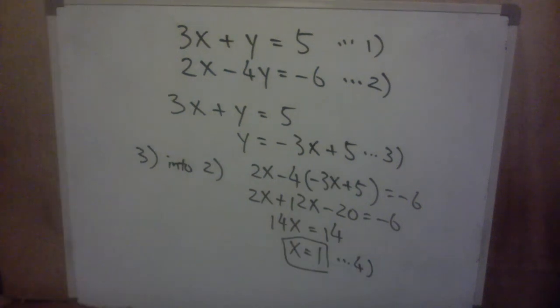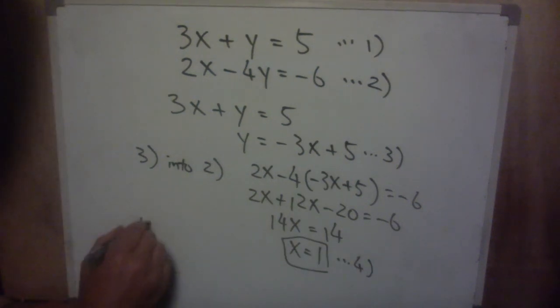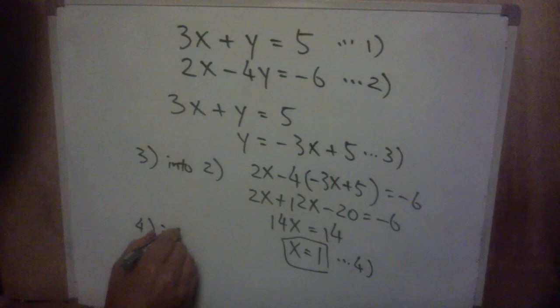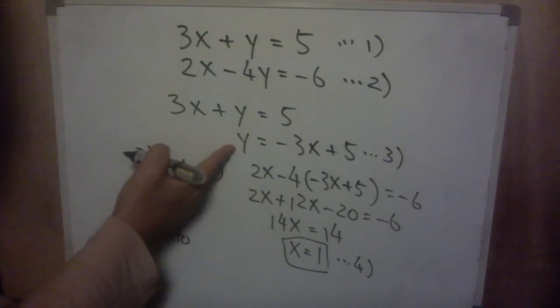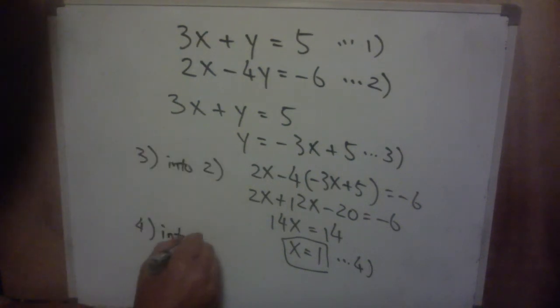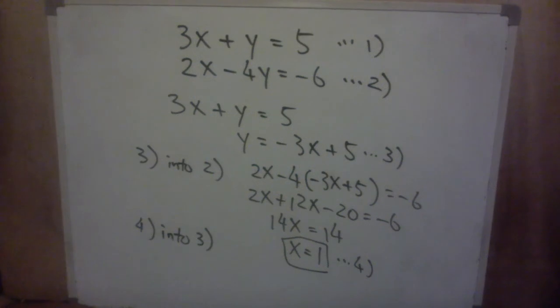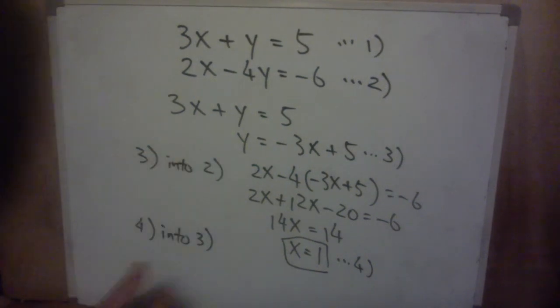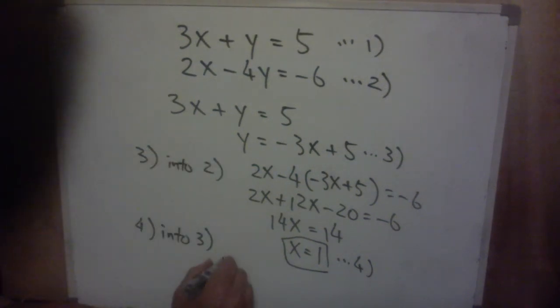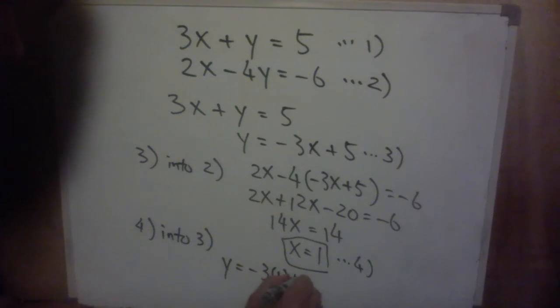I'm going to substitute equation number 4 into number 3, because I want to get y. So y equals negative 3 times 1, plus 5.